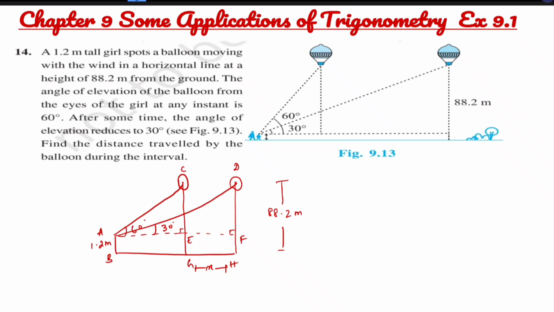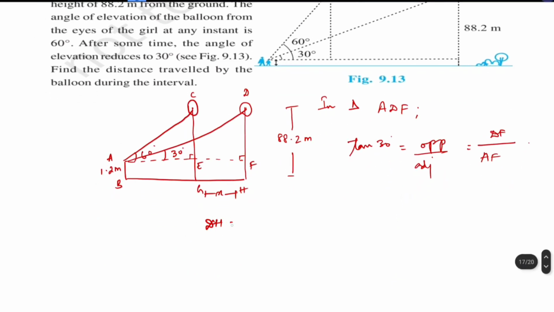So let us take triangle ADF. In triangle ADF, tan 30 is equal to opposite by adjacent side, that is DF divided by AF. We know DH as 88.2 meters. Similarly, AB is 1.2 meters. So AB is equal to FH.